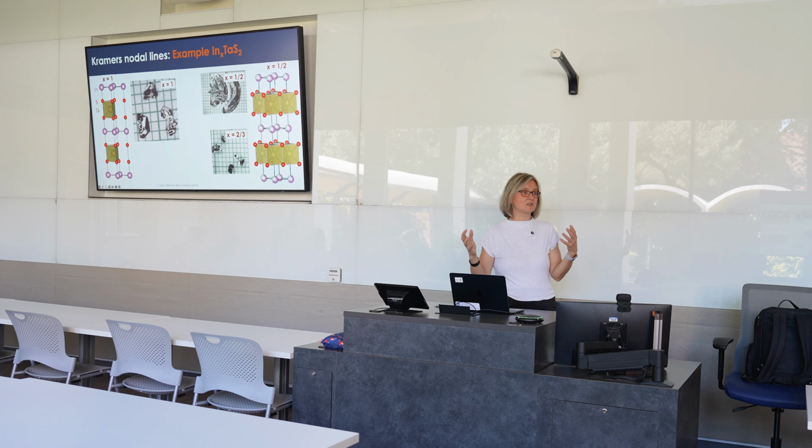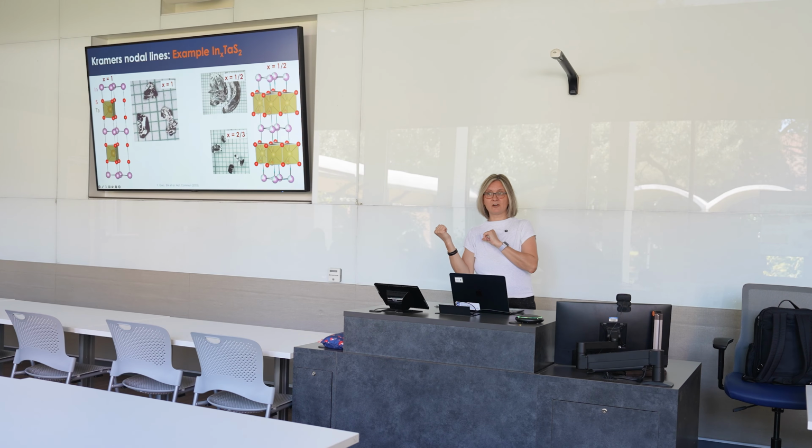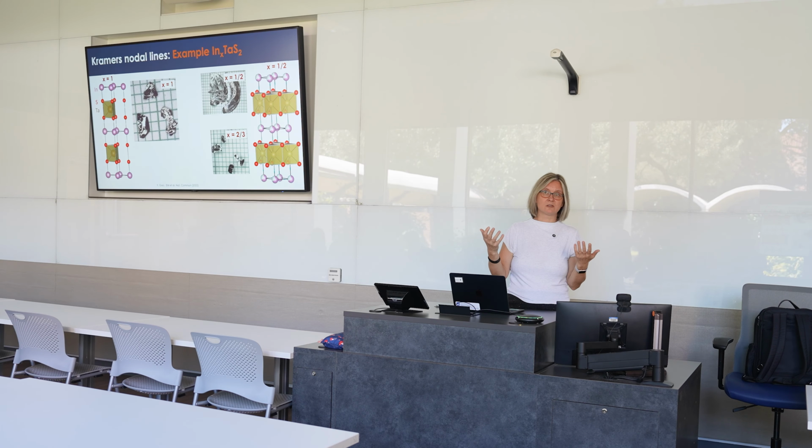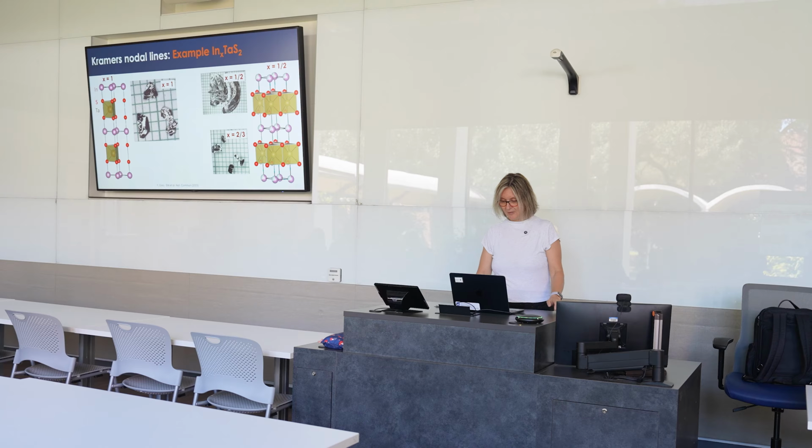Both crystal structures are achiral, and I told you earlier that in an achiral crystal structure, you expect to see Kramers nodal lines. So we want to see bands that are degenerate along the line between two TRIM points, and then split away from that.